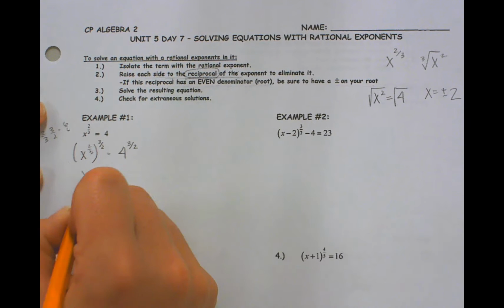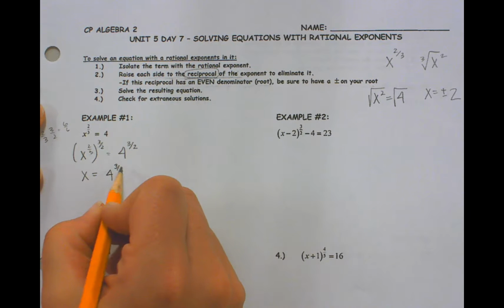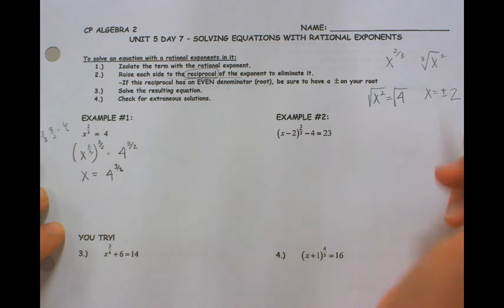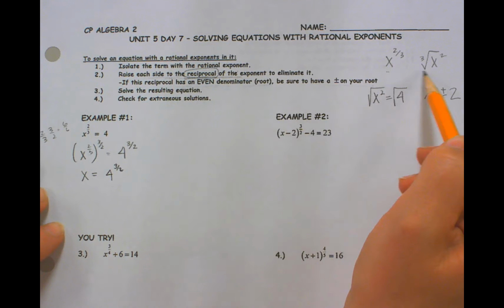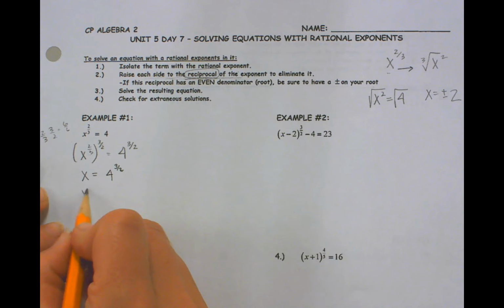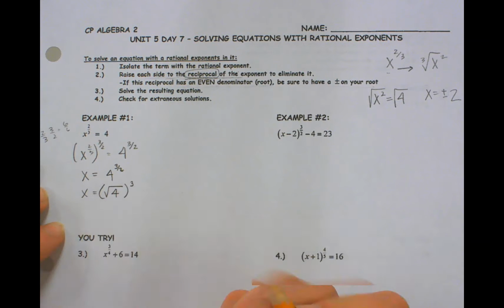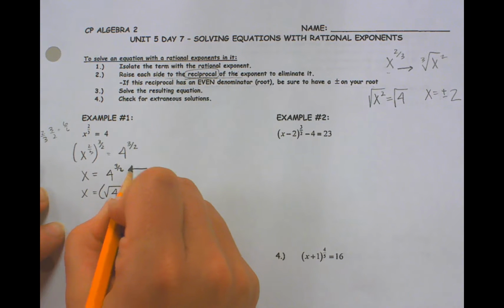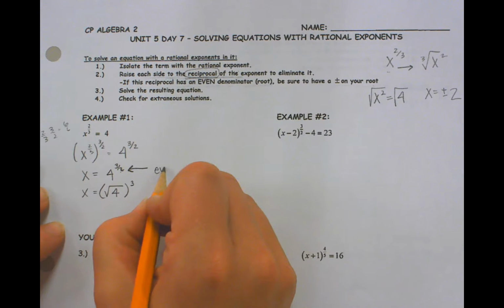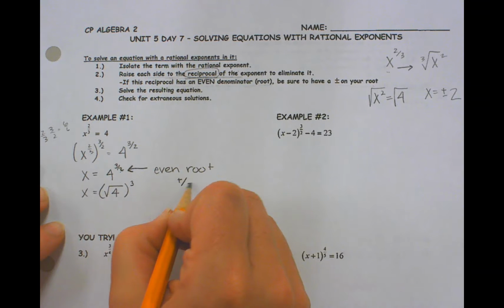So this is x to the first, and then we have 4 to the 3/2, which now we can rewrite, like we did up here, in radical form. So then I would have the square root of 4 to the 3rd power. Now remember, I said if you're taking an even root, so since this bottom number is even, we're taking an even root, that means we have to have a plus or minus answer.